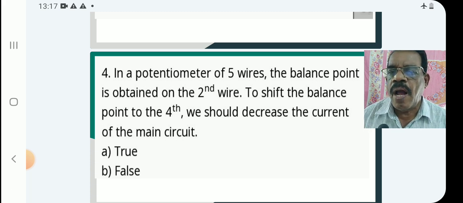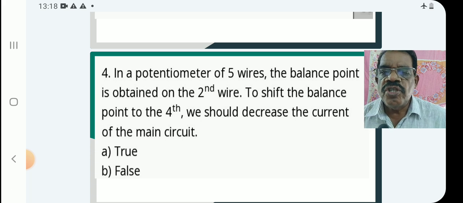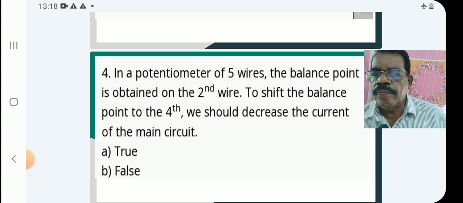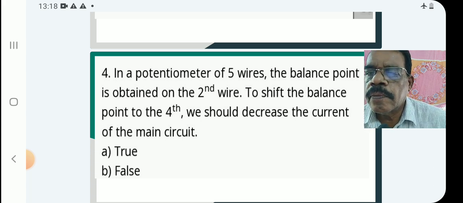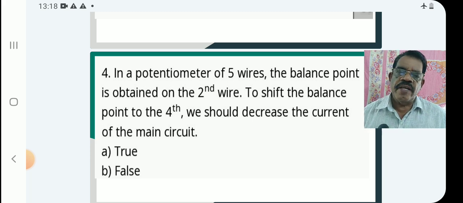To shift the balance point to the fourth wire, we should decrease the current of the main circuit. Say whether it is true or false.